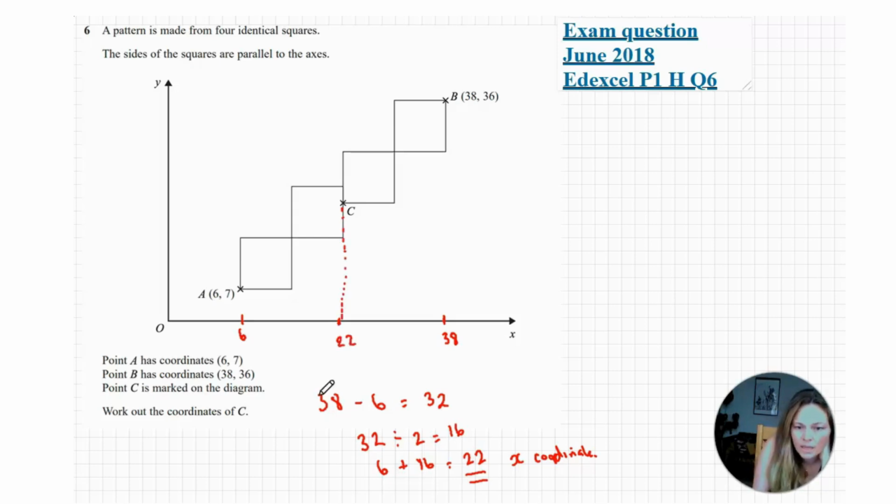Okay, so now what we've got to do is find the y coordinates, go across to the y-axis, and put on what we know. So this number here is 7, and then this one here is 36. But really annoyingly, it's not the very middle again.